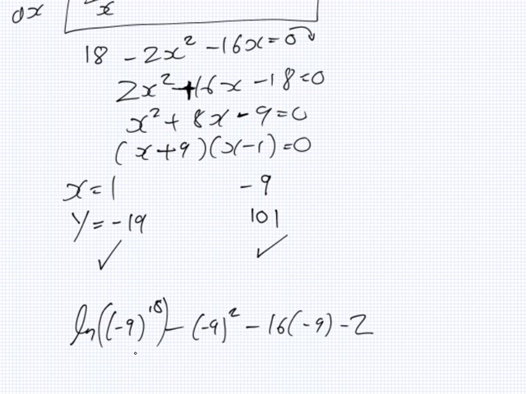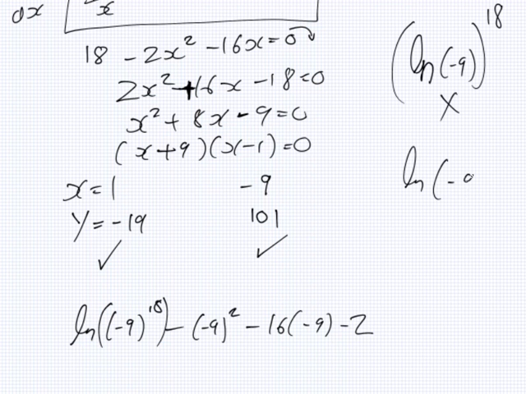Why is that? Because the calculator might think there are 2 things you mean here. Log of minus 9 power 18, and this will not work. Or log of minus 9 to the power 18 with brackets. In other words, if you don't use another set of brackets, the calculator doesn't know which of the 2 you mean.